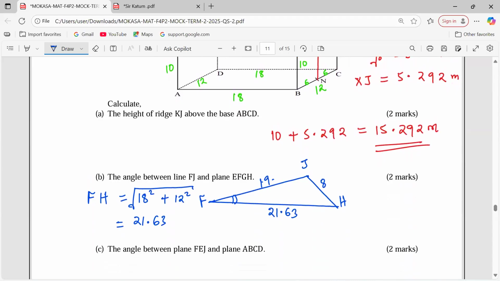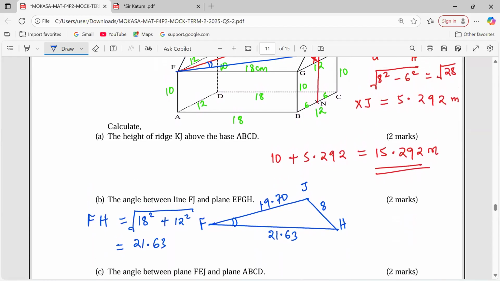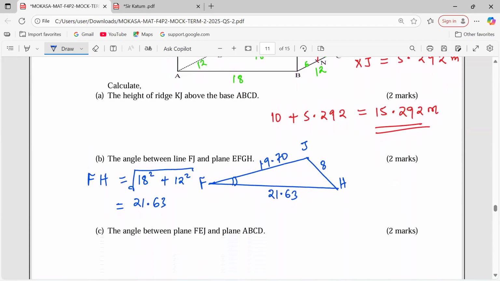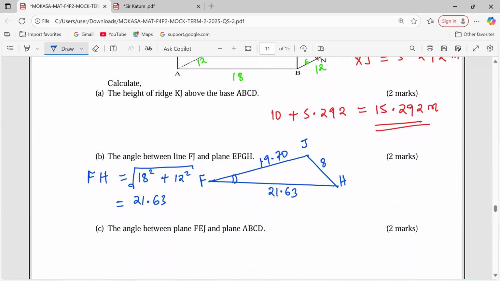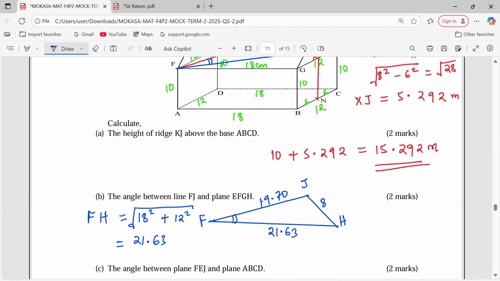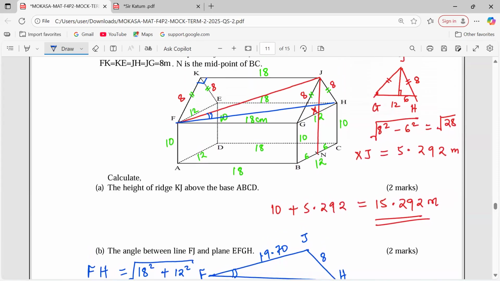So with all the sides, we can find the angle at F.